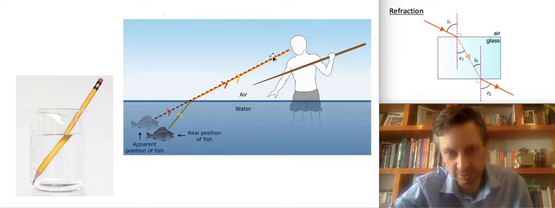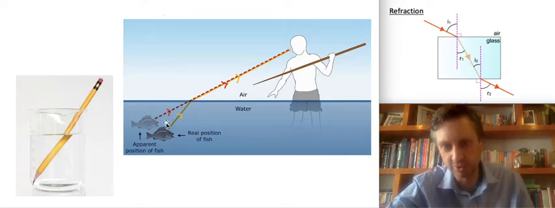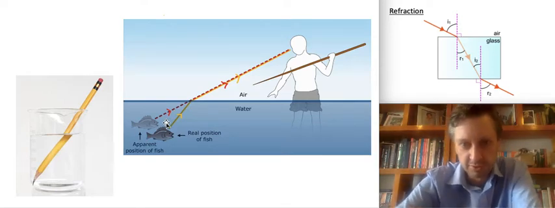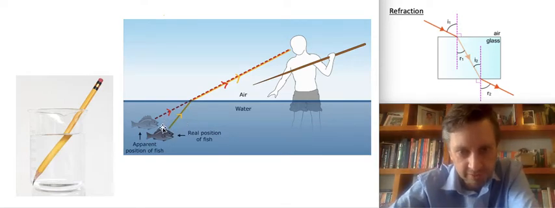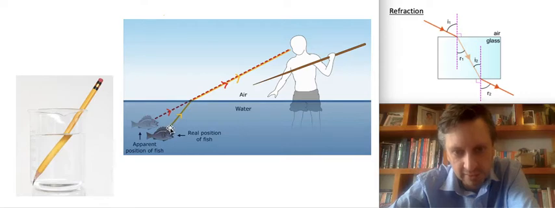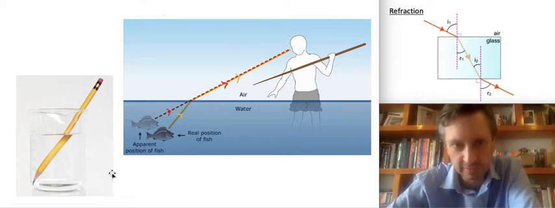What the fisherman is actually perceiving, the red line, is the virtual image of the fish. Now the reason for that is the fish is here, light heads away from the fish, hits the surface of the water, and as it hits the surface of the water it bends in just the same way as light from the pencil bends, and then heads towards the fisherman's eye.